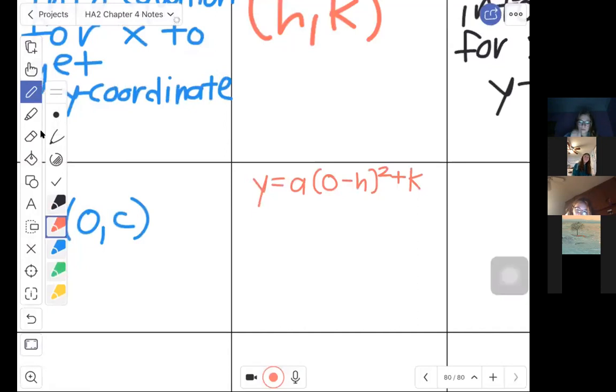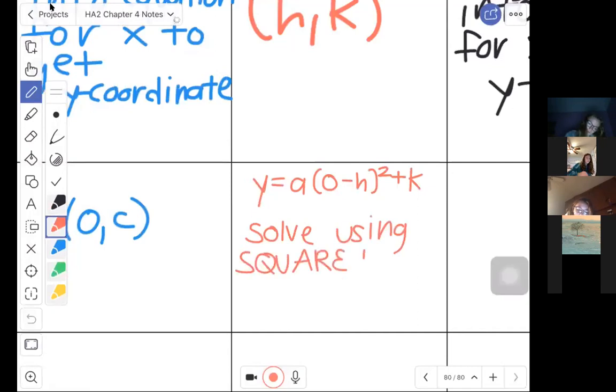Valeria, what do you think? Square roots. Yes. We're going to solve using square roots. That binomial squared. We'd subtract that k over, divide by a, and we'd be left with that binomial squared. We can take square roots of both sides. Don't foil that out there. Keep it together.